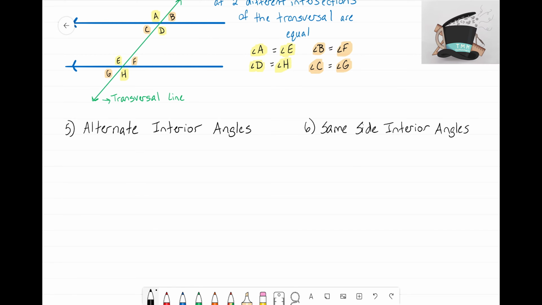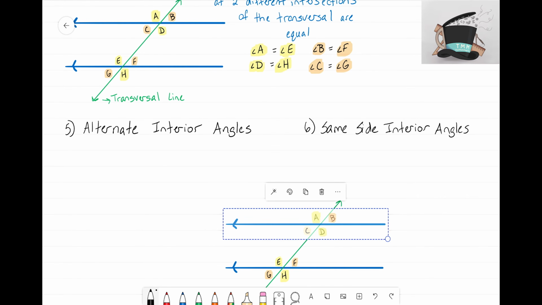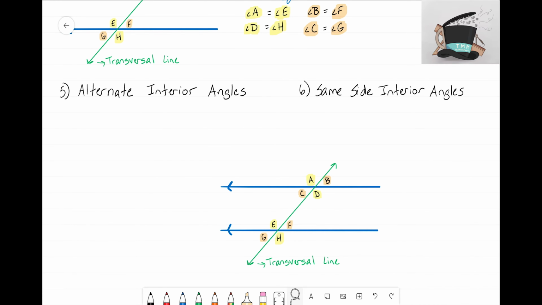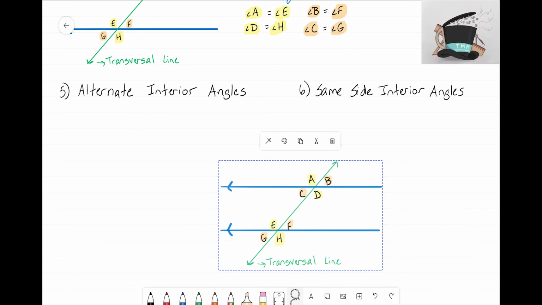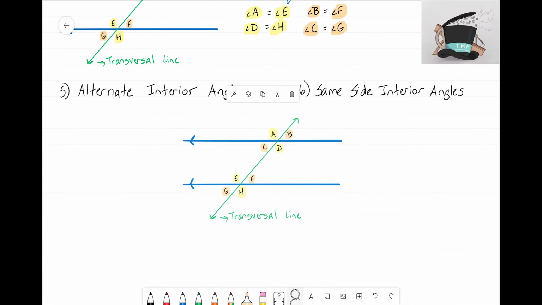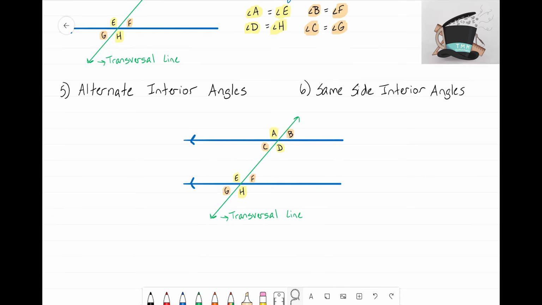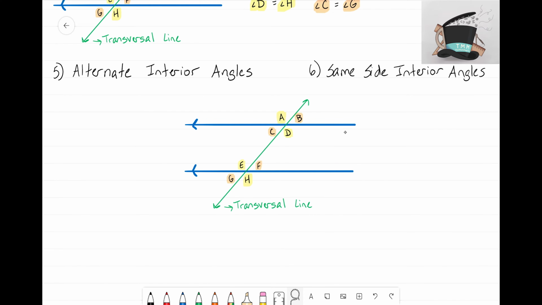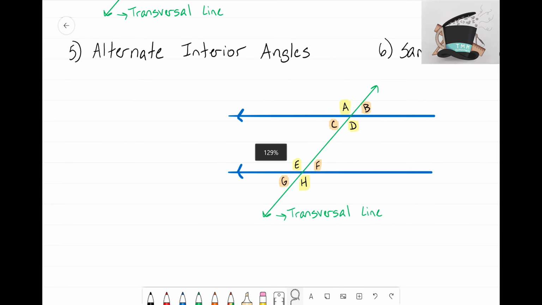Let's paste that diagram from our last problem so that we can talk about these 2 angle relationships: alternate interior angles and same side interior angles. Again, this is only going to occur when you have 2 parallel lines getting cut by a 3rd line that we're calling the transversal.